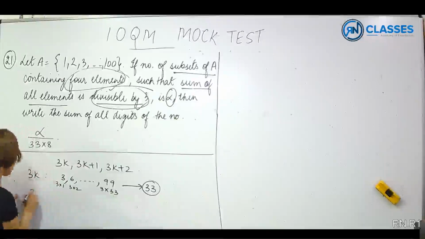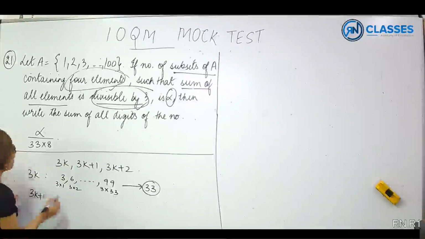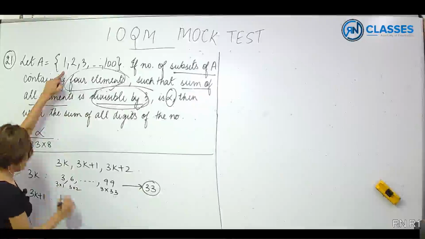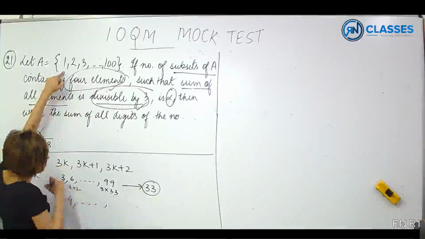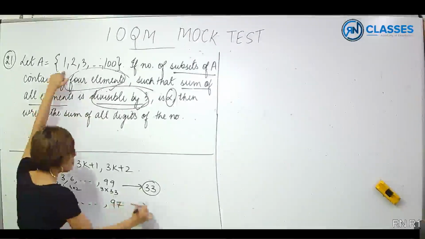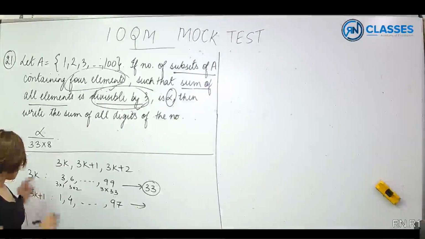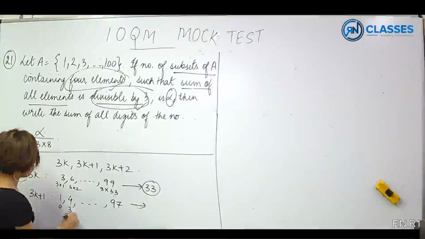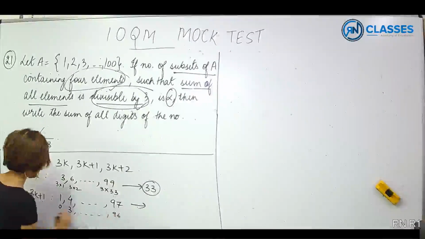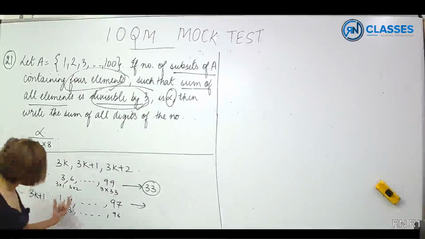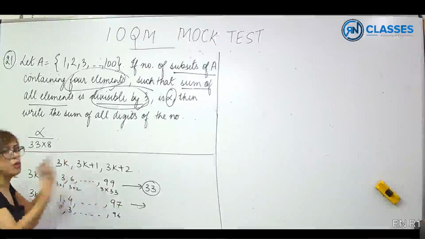Right? Then 3k plus 1 type. It will obviously start with 1, then I will have 4, and then I will have 97. I need to count this. In order to count this, what I can do is 0, 3, so on till 96. Because since the gap is 3, I'll reduce the number.